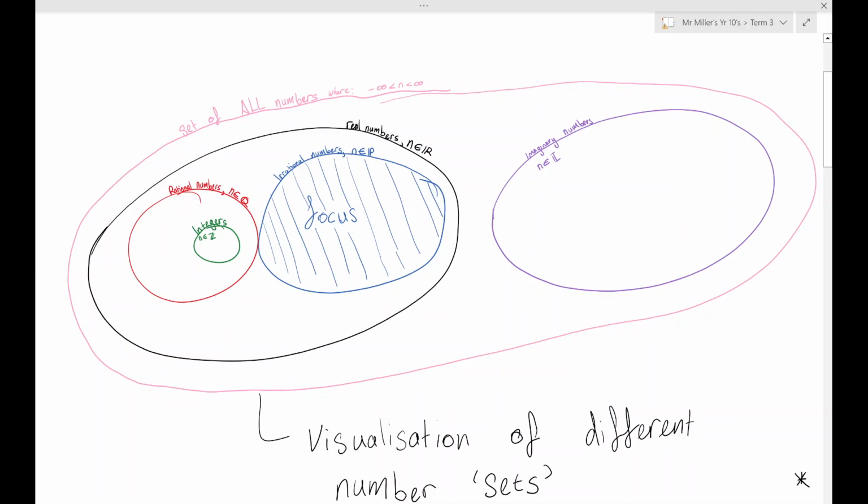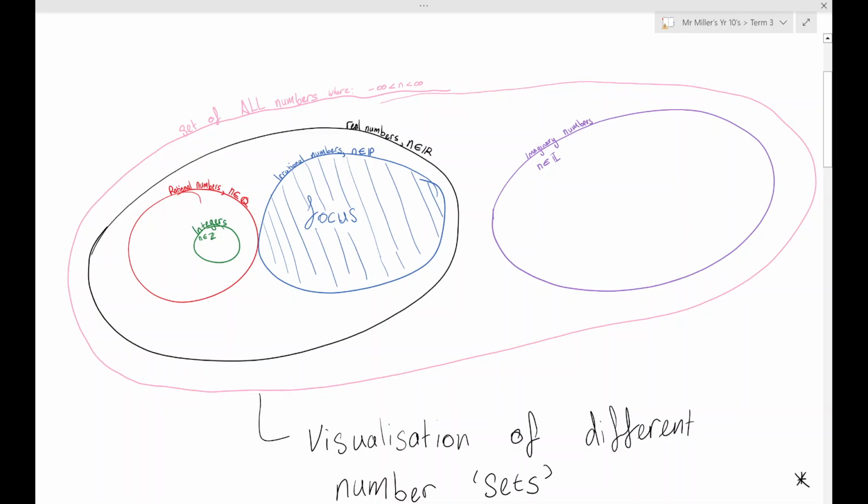They all exist in their own unique set, right? So that's what a set is. It's talking about a region that contains all numbers and objects of a similar nature.